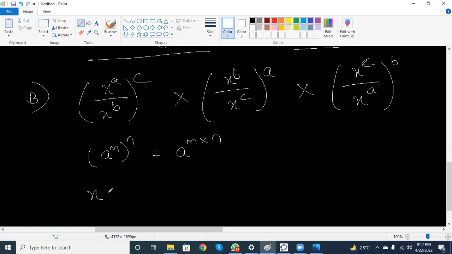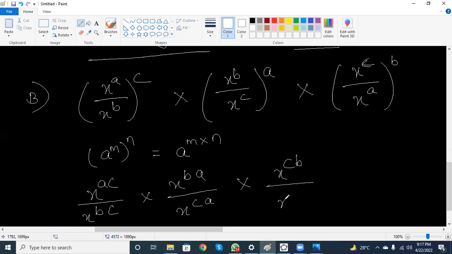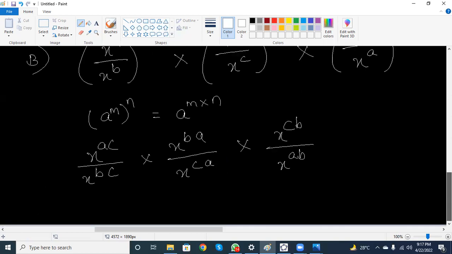So let's multiply x power ac by x power bc, into x power ba by x power ca, into x power cb by x power ab. So here x power ac, here ca cancel, bc, cb cancel, x power ba, ab cancel. So nothing is left, means 1 into 1 into 1 is simply 1. So this is just a 2-step sum given for 8 marks.